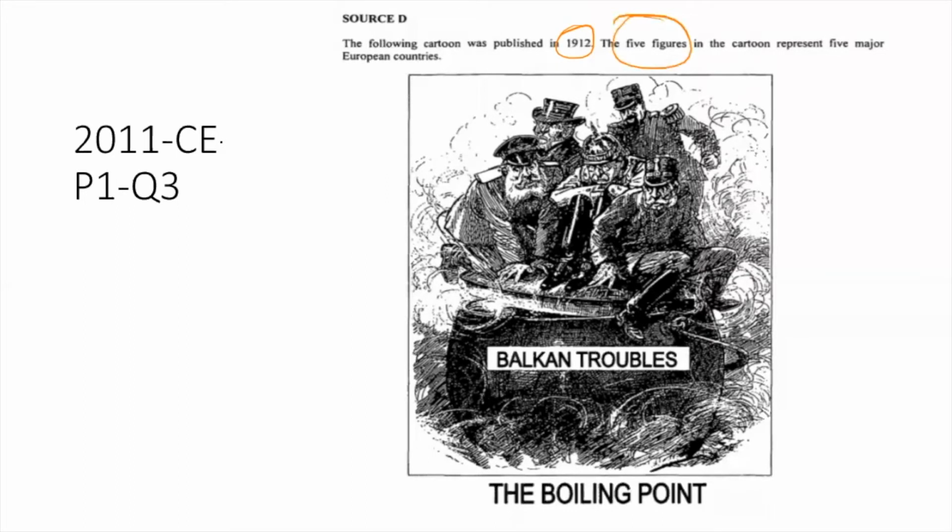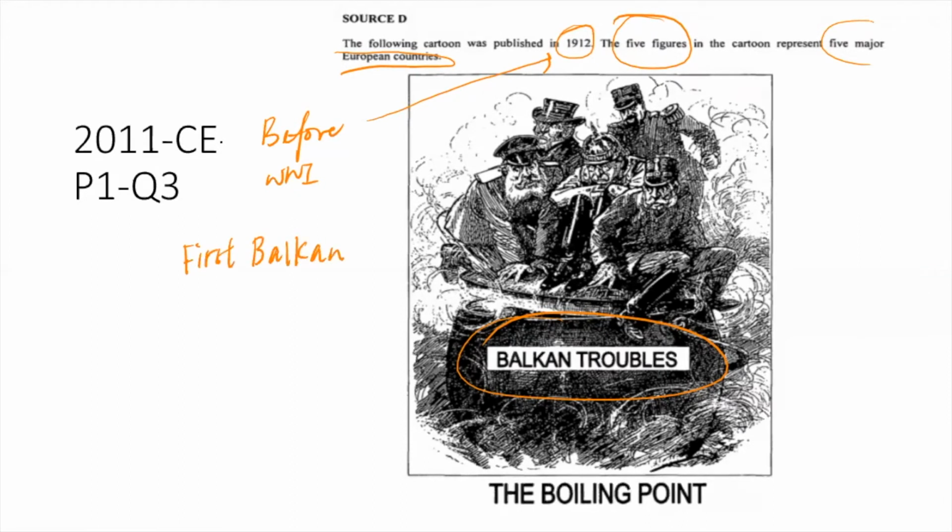We can see that it is published in 1912 and it's about 5 important European nations, and there's "Balkan troubles" written on the pot, so we know that it is happening before the First World War, and because it's in 1912, we know that it's about the First Balkan War.